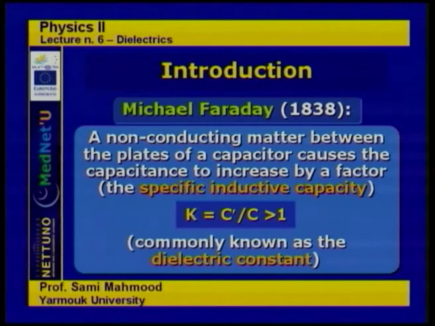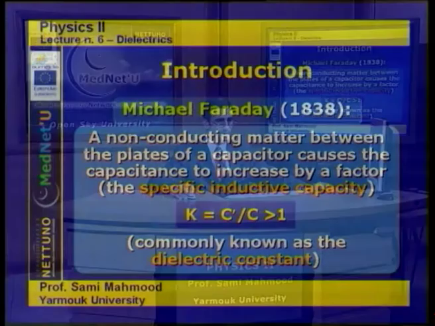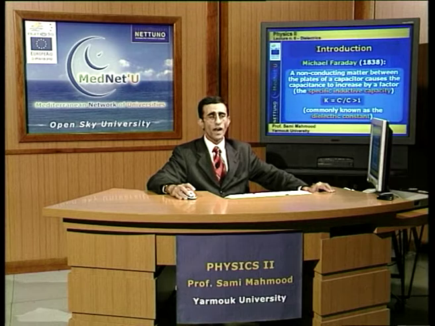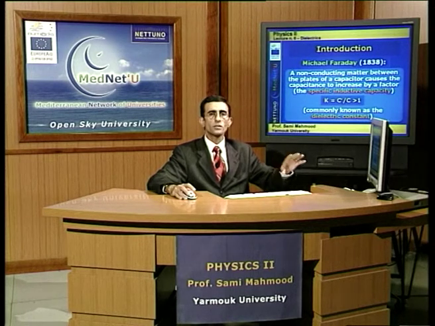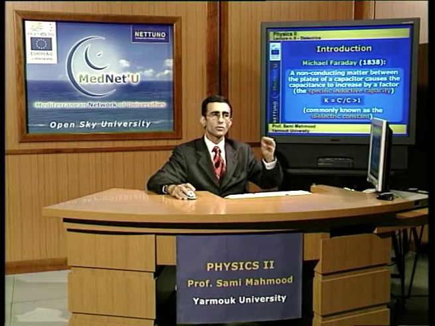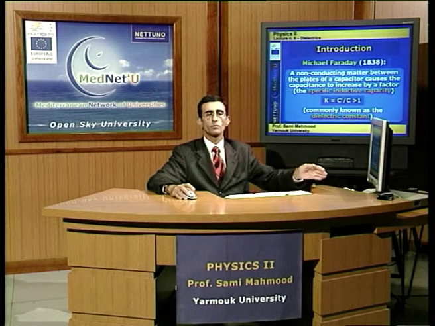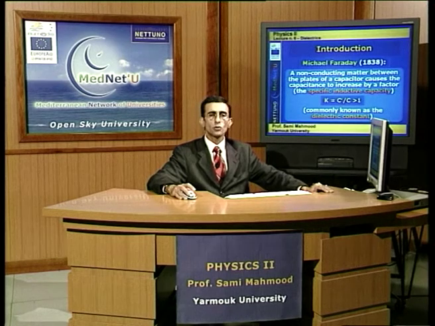And this C prime over C, this ratio, which is K, is found to be greater than 1, which implies that the introduction of a non-conducting material between the plates increases the capacitance. And this factor K is commonly known as the dielectric constant. So the dielectric constant of a material is simply the ratio of the capacitance when the material exists between the two plates of the parallel plate capacitor to the capacitance without the existence of the material.